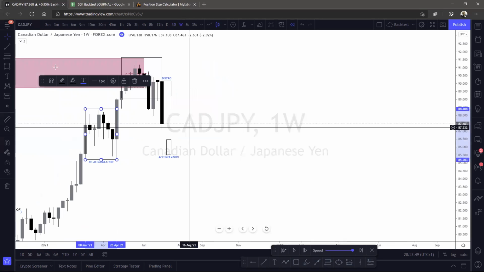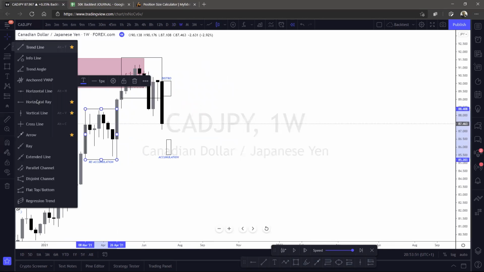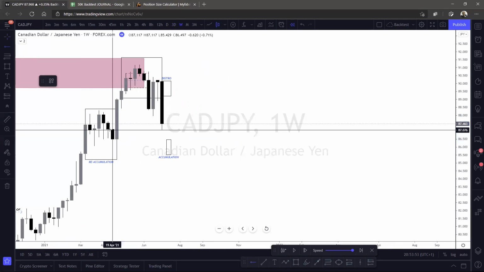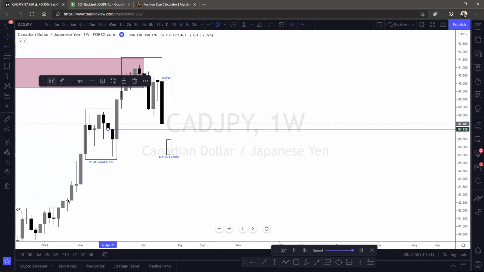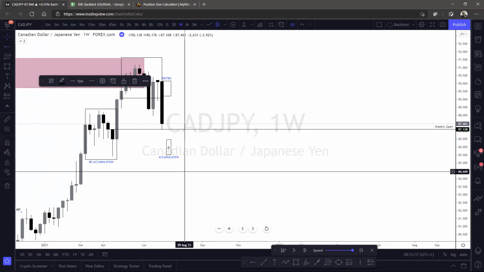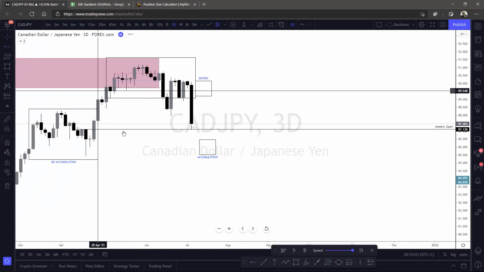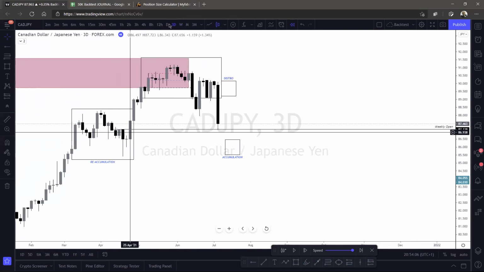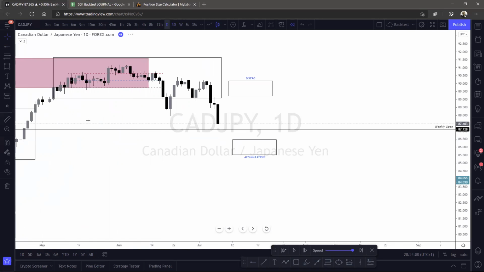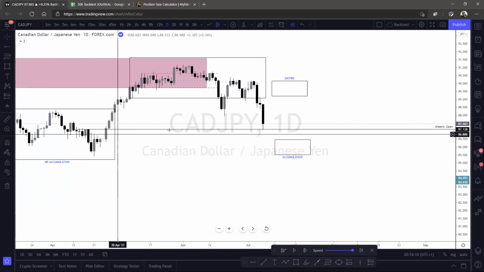There's a weekly open, so we can mark that off. There's a weekly open here. We have tapped into the weekly open already. See the 3 day, there's imbalance into that 3 day. There is imbalance in that daily.